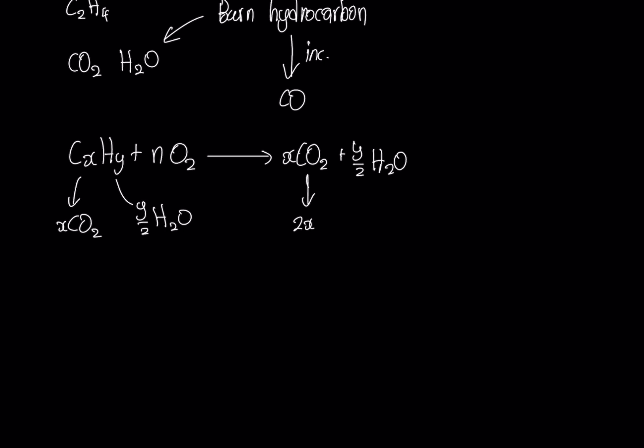And look at the structural diagram for the water molecule. I've got 1 oxygen atom per water molecule, and I've got y over 2 water molecules, whatever y over 2 may happen to be. It could be 6, 5, whatever. So I've definitely got to have y over 2 oxygen atoms, certainly.